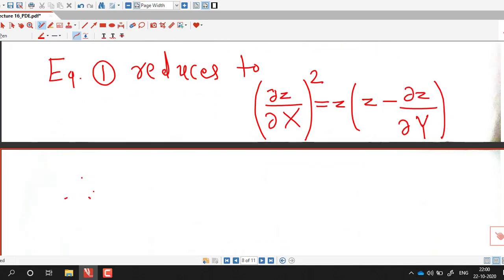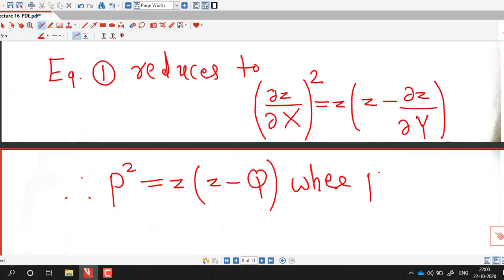And this we can rewrite as P square equal to z times (z minus Q), where capital P is del small z by del capital X and capital Q is del small z by del capital Y.